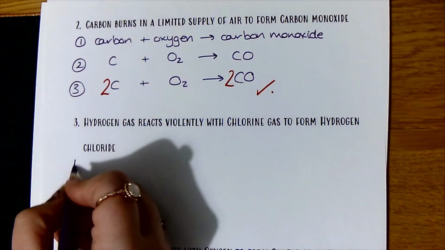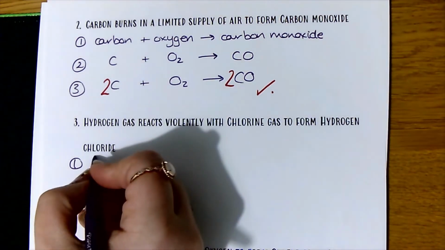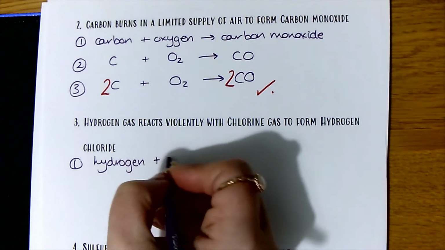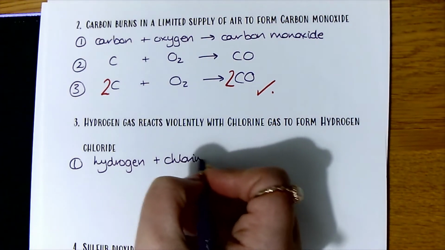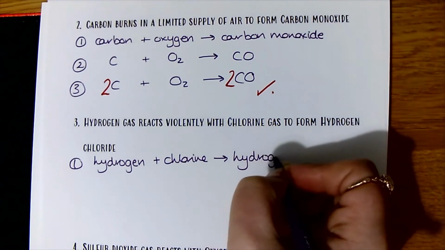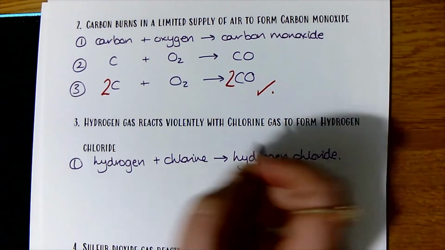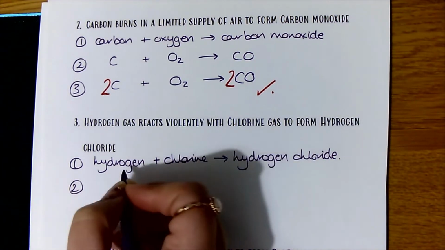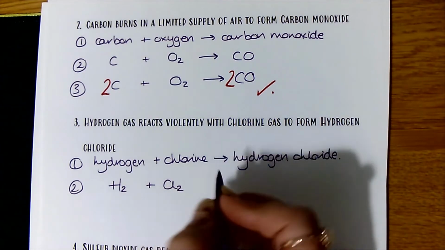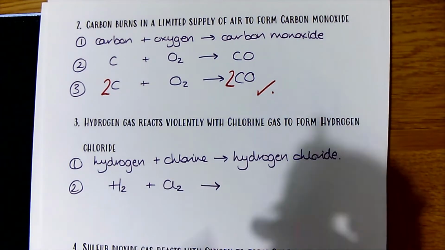Example 3. Hydrogen gas reacts violently with chlorine gas to form hydrogen chloride. Step 2. Both hydrogen and chlorine are diatomic elements, so they have a little 2 after the element symbol.